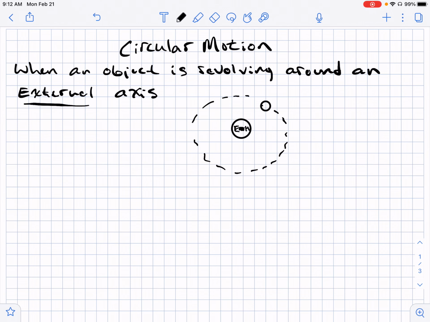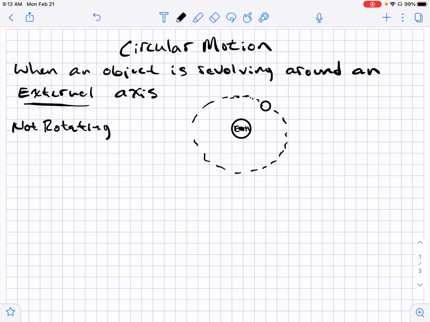The center of your circle would be right there in the center of the Earth, and the satellite is in circular motion around an external axis, because the axis is over here. It's not within itself. So the key thing here is we're not rotating. We'll get into that a little later.